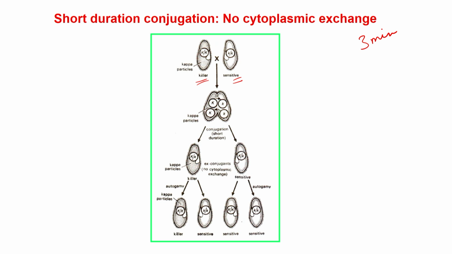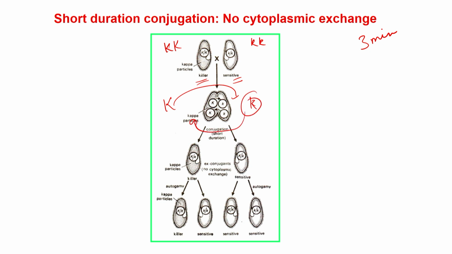स्ट्रेन है. जब कॉन्जुगेशन हो रहा है, you can see this genotype is capital K and this is small k, and when they come together during conjugation in short duration, first only the dominant allele, or let us say the DNA, is transferred.